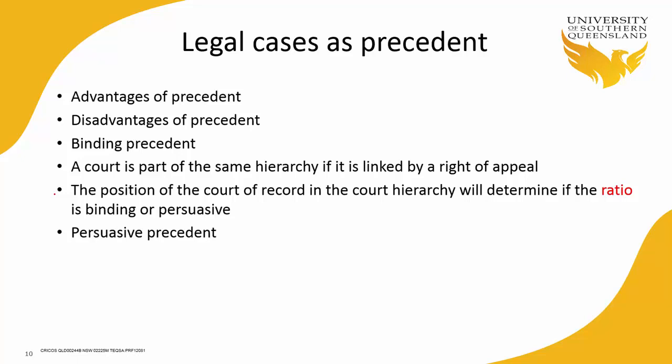However, if it's the other way around, if you are litigating in the High Court of Australia and you bring up a case from the District Court, then of course the ratio from the District Court wouldn't be binding on the High Court of Australia because it comes from a lower court.